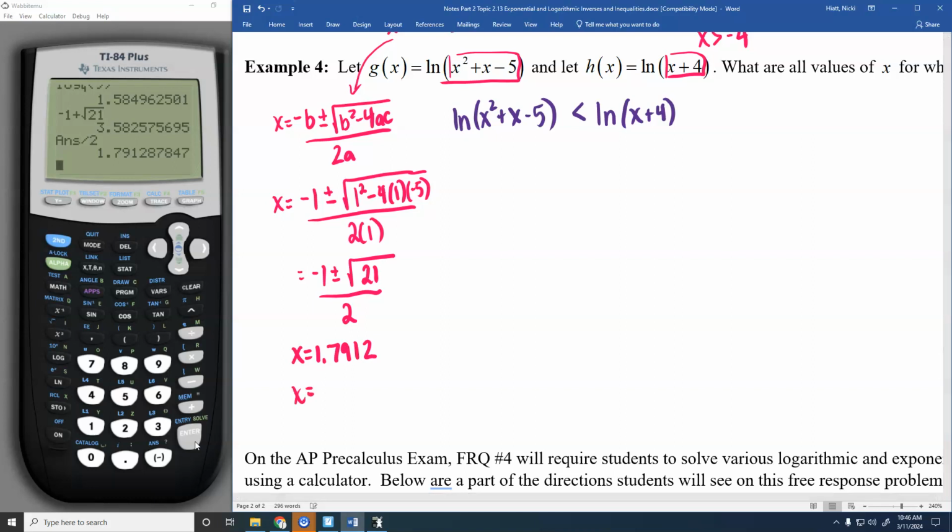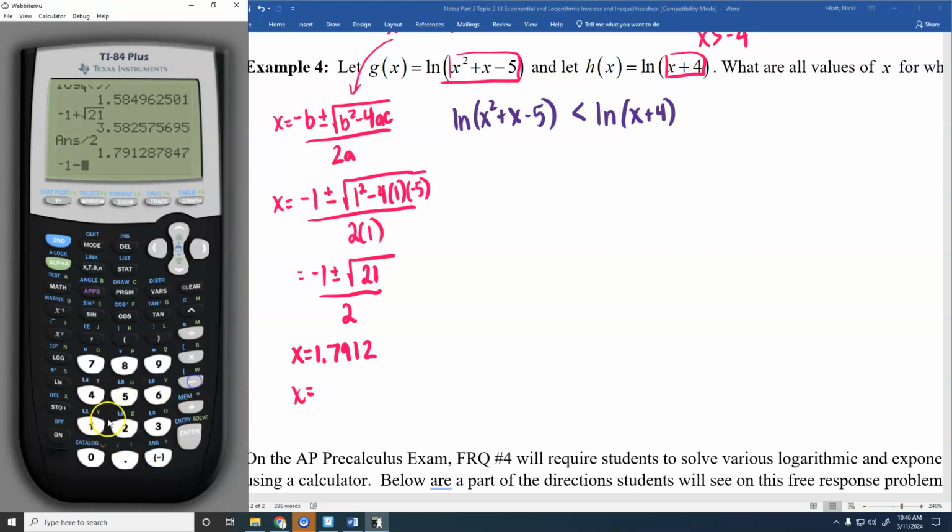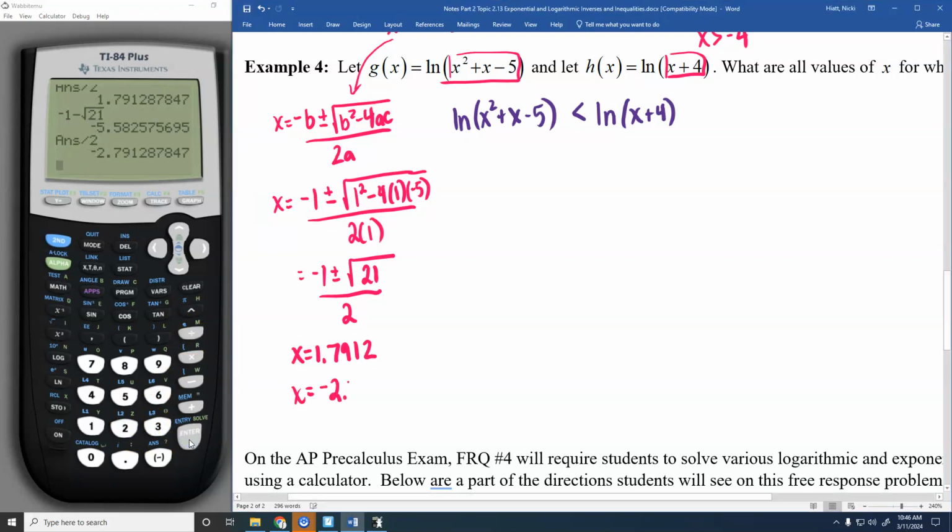And if I type in negative 1 minus the square root of 21, divided by 2, I will get negative 2.791.